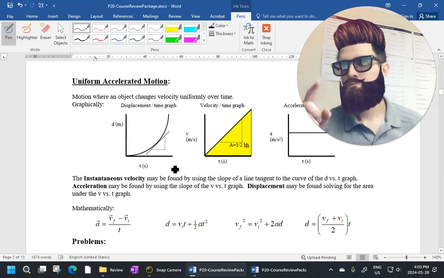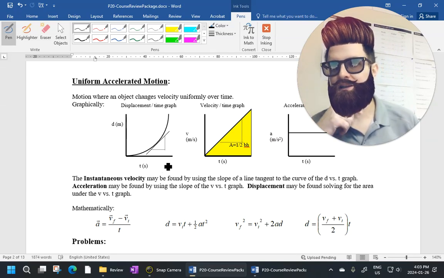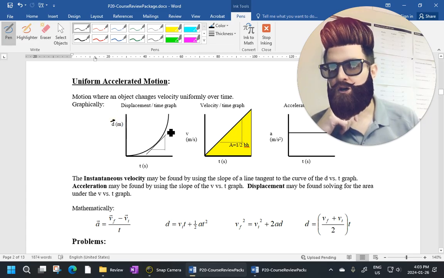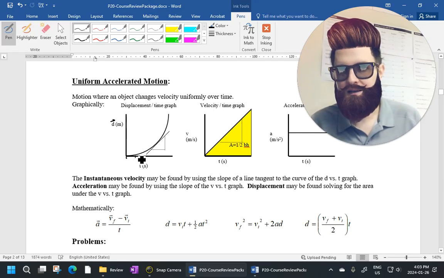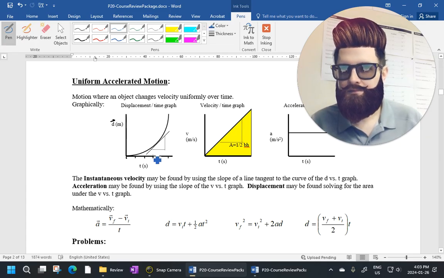Okay, so now if I start accelerating, then I'm going to have different shaped graphs, right? So in accelerated motion, a displacement time graph here, you'll see a curve because every second interval, so imagine every 1 second, if I just split this into even sections here, then you can see that in this 1 second interval here, I'm moving a certain distance, right? So this is my distance I traveled.